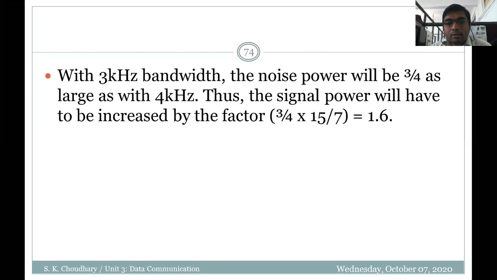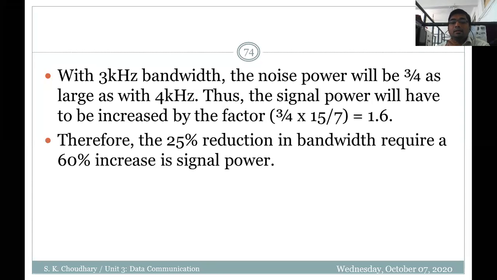Thus, to get the same channel capacity, to balance the SNR, signal power has to increase because noise power is decreasing. It has to increase by the factor 3 by 4 into 15 upon 7, that is 1.6.